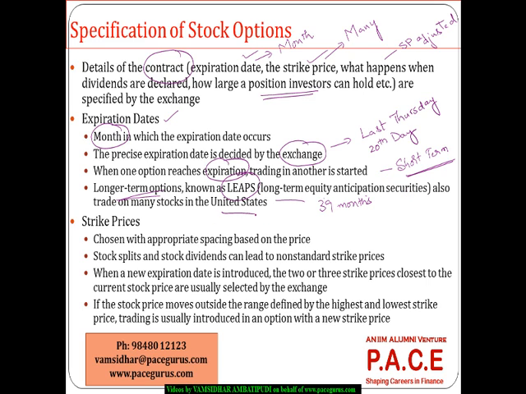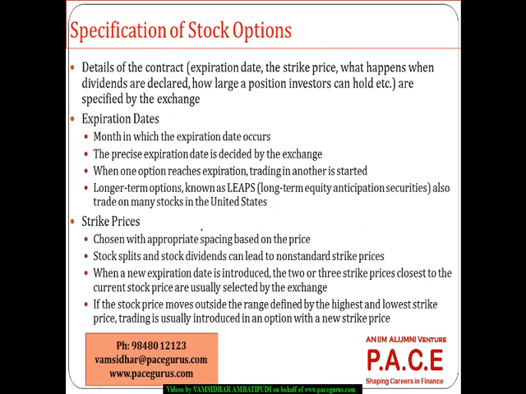They are traded on many stocks in the United States. So these are the options with an expiration date of almost 39 months. But by default, the majority of the American and European options listed on the various exchanges are very much short term in nature.